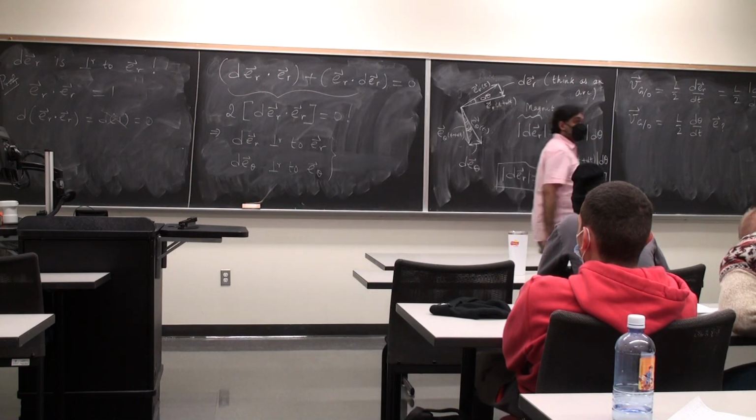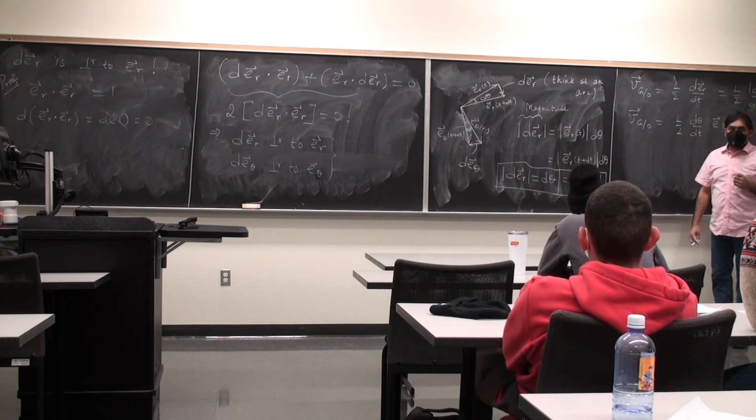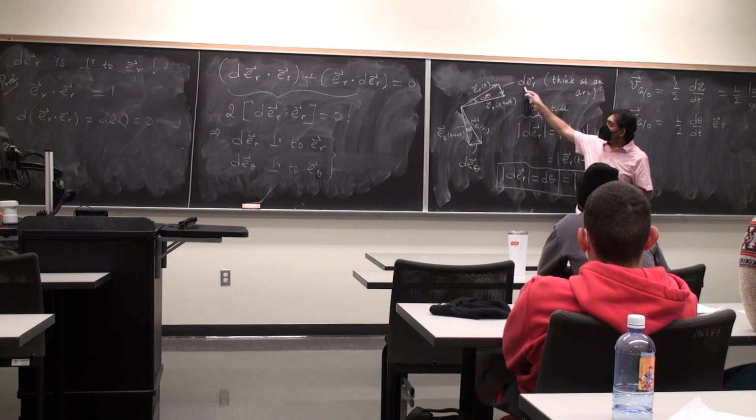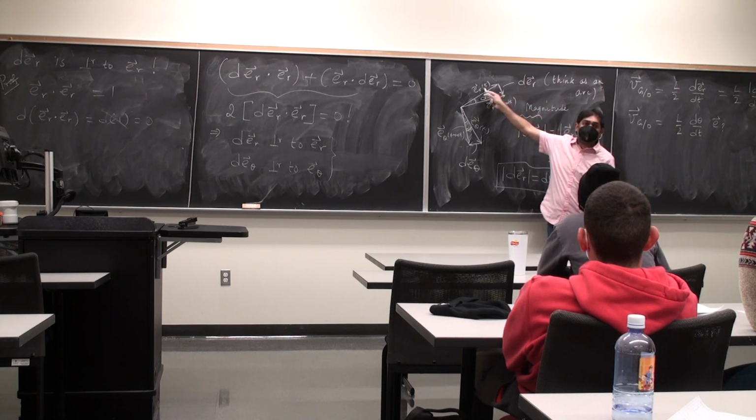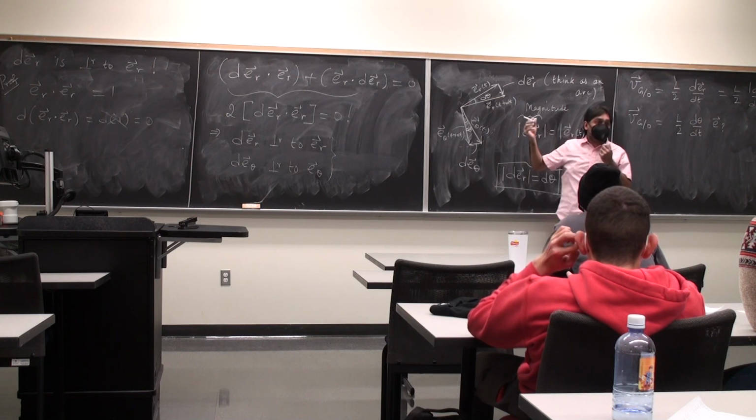So what do you think the direction of d er is? This guy has to be perpendicular to this one, not this one. Okay, this is the second one in the triangle. It has to be perpendicular to the original unit vector that I started off with.